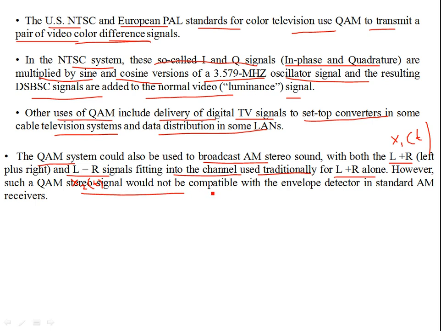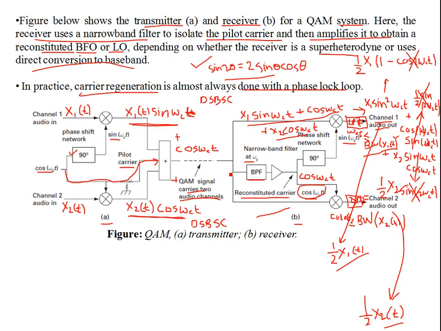However, the QAM stereo signals would not be compatible with the envelope detector as in standard AM receivers. So you need a direct conversion; we are not using any envelope detector over here. You multiply this with cosine omega_c t and you bring x1 back to the baseband, using a BFO, the beat frequency oscillator or local oscillator, which has the correct frequency and phase information.